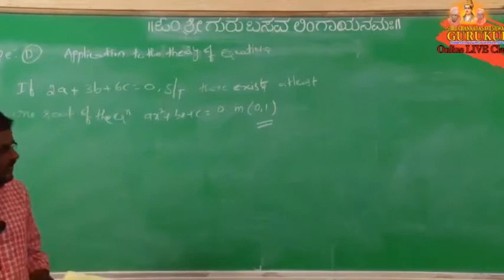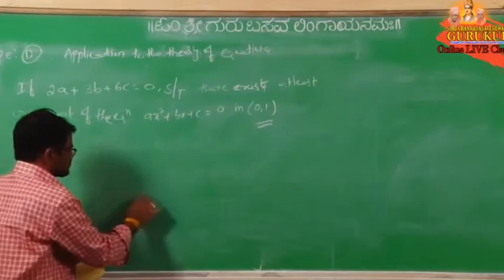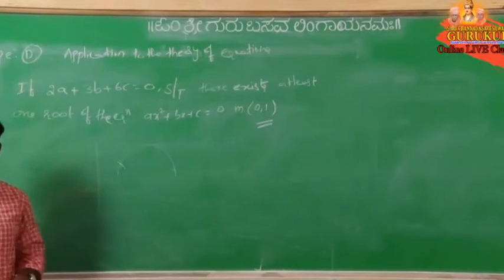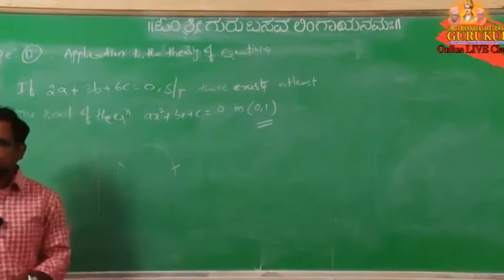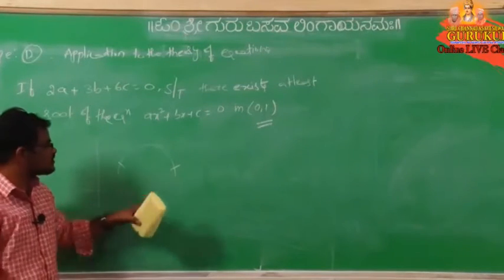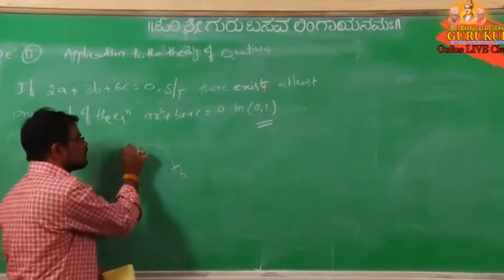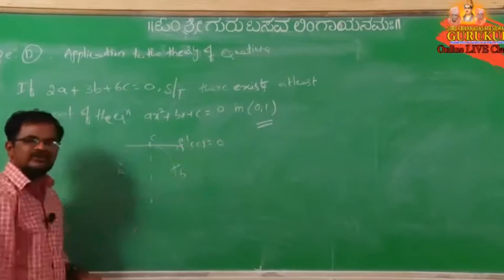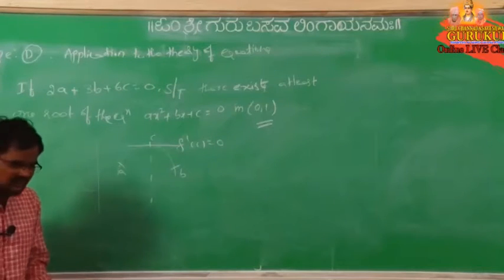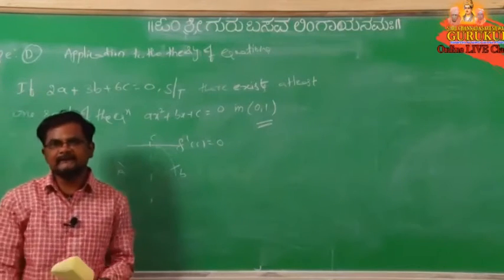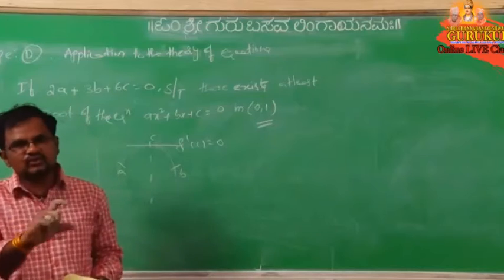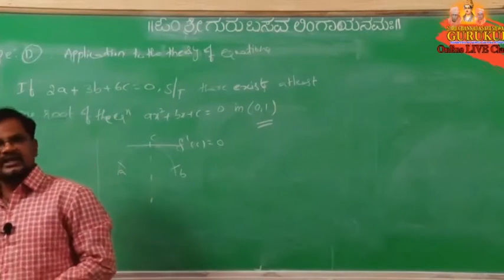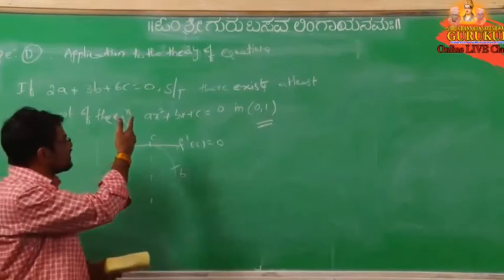In the last class we discussed like this: here a you taken, here b taken. Between these two, at least one point c satisfies first derivative equal to 0. Means one note we taken: between any two roots of the equation, there exists at least one root of the equation f dash x equal to 0.